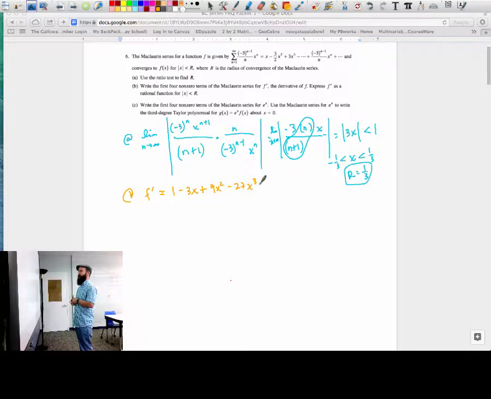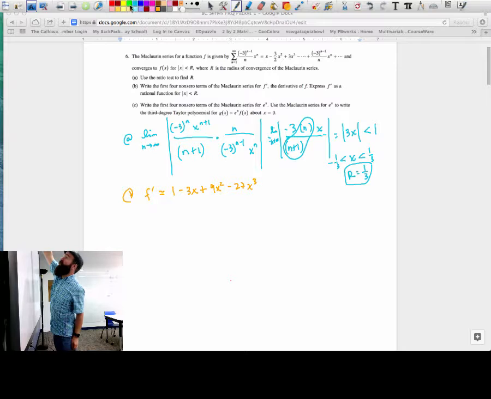And it says express f prime as a rational function. Now, anytime you see express a series as a function, especially over the interval of convergence, look at the series that you get and see if it's something that we can actually find the sum of. And in this case, this is a geometric series. If I'm multiplying to get to the next terms, my r that I'd be multiplying by each time would be negative 3x.